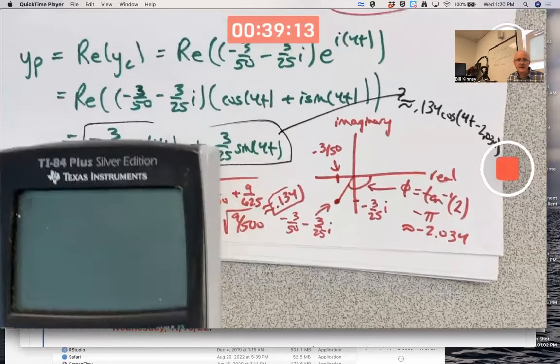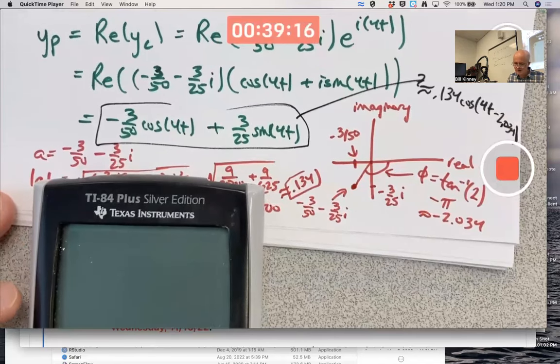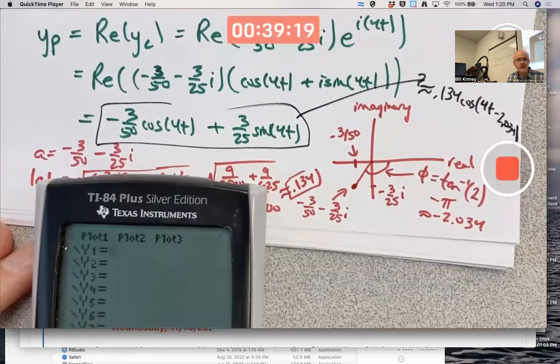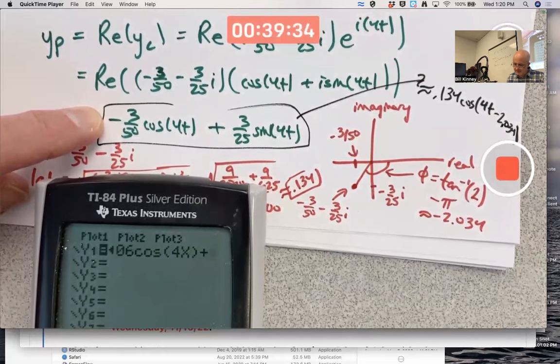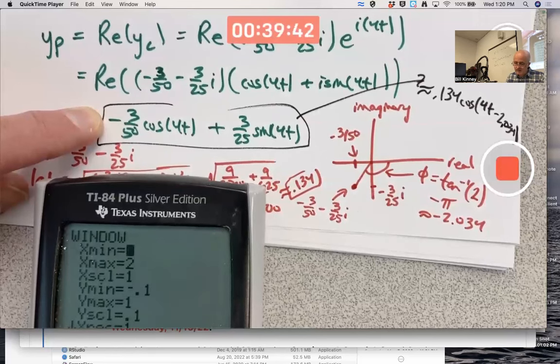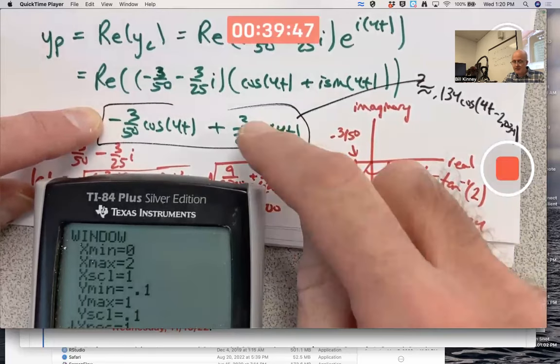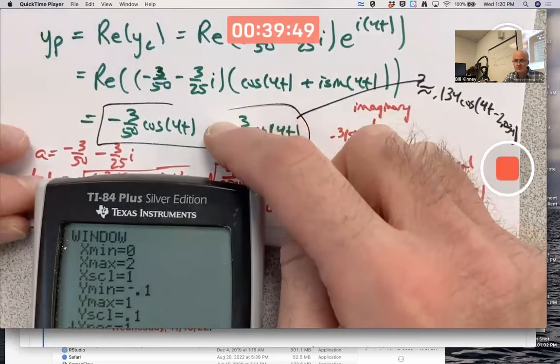Let's graph this function. Negative 3 over 50 is negative 0.06 cosine of 4t. 3 over 25 is 0.12 sine 4t. The period of this function is 2 pi divided by 4, which is pi over 2.